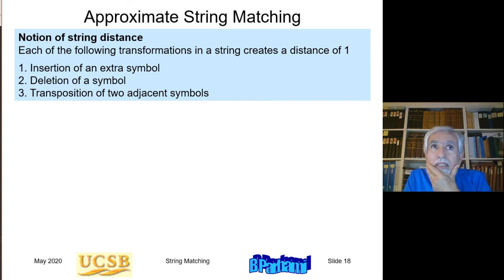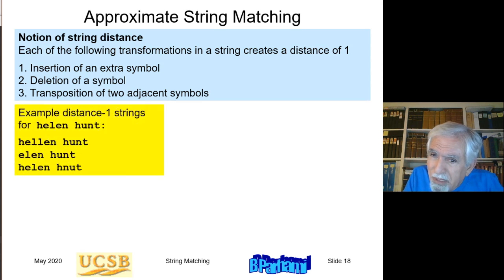Okay, the final slide that I'll show you is the notion of approximate string matching. This is done, for example, in DNA sequence matching. As I mentioned, when you commit an error in writing down a string, the most common human errors are of these types: inserting an extra character, missing or dropping a character, or transposition.